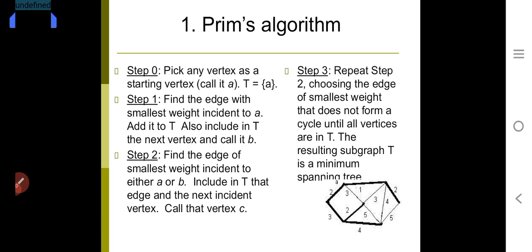That means the spanning tree that has the minimum weight is called the minimal spanning tree.